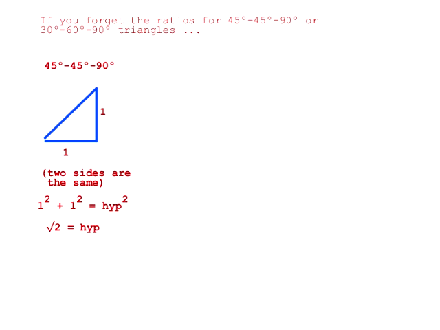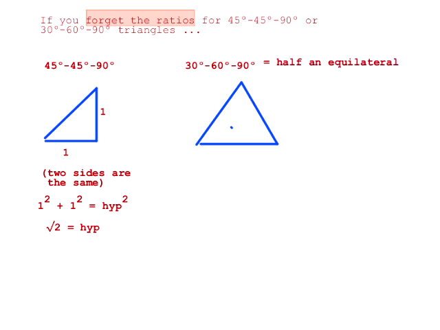If it's a 30, 60, 90 triangle, then what you can do is realize, again, if you know that ratio that's in the window, then great. But the point right now is if you don't remember those numbers, then you can realize that it's half of an equilateral triangle. So you draw the whole equilateral triangle and then cut it in half. So if we make this triangle 2, 2, and 2, then if we cut it in half like this, those triangles are going to be 30, 60, 90 triangles.